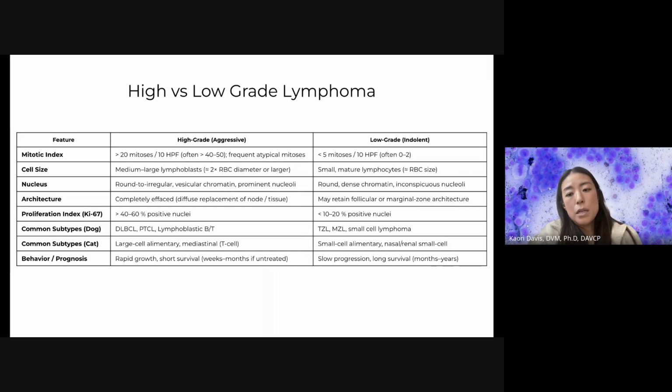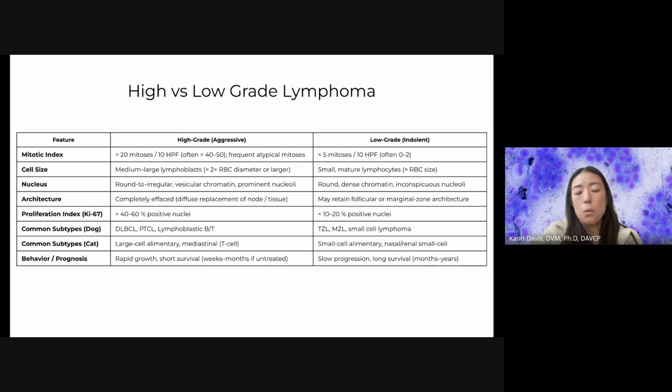The neoplastic cells in high-grade lymphomas tend to be intermediate to large, but oftentimes large in size, versus the low-grade lymphomas, which typically have small, mature lymphocytes that are about the size of red blood cells. High-grade lymphomas like to exhibit cytological atypia.